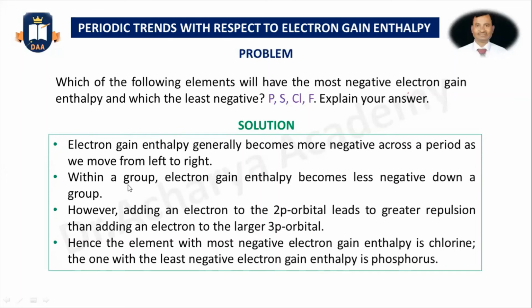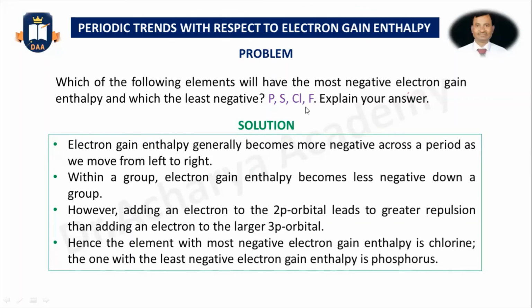And within a group, already I discussed that electron gain enthalpy becomes less negative down a group. So adding an electron to the 2p orbitals leads to greater repulsion than adding an electron to a larger 3p orbital. So these 3 points we have to consider.